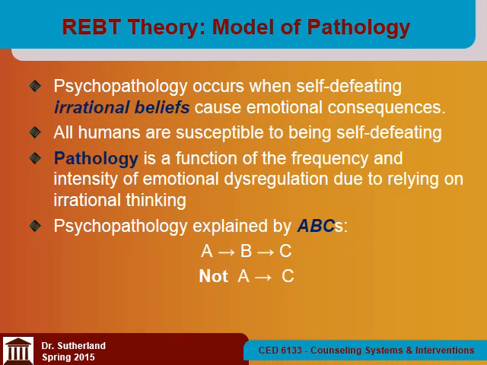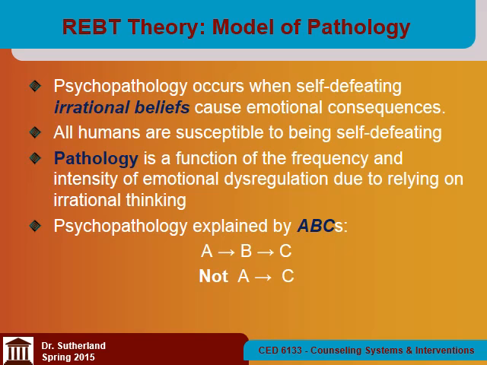So here are the basic premises of REBT's model of pathology. The primary things to note, of course, are that psychopathology occurs when irrational beliefs are self-defeating and cause emotional and behavioral consequences.